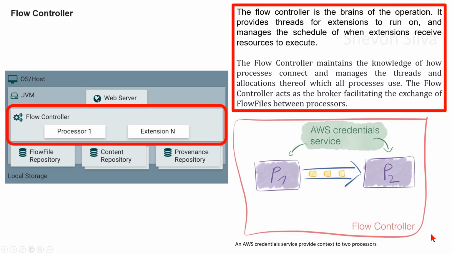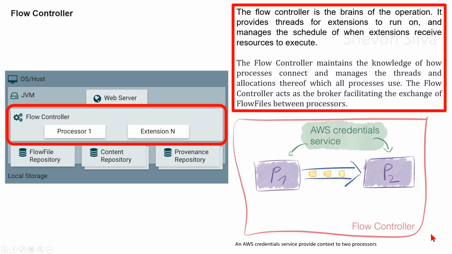The flow controller is the glue that brings everything together. It allocates and manages threads for processors. It's what executes the data flow. Also, the flow controller makes it possible to add controller services. Those services facilitate the management of shared resources like database connections and cloud service provider credentials. Controller services are daemons.